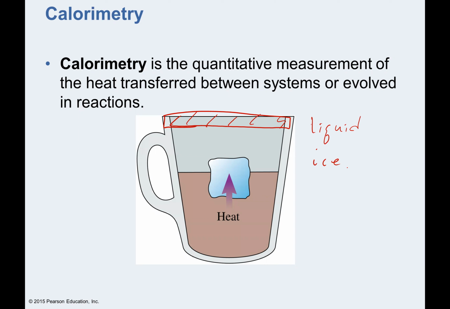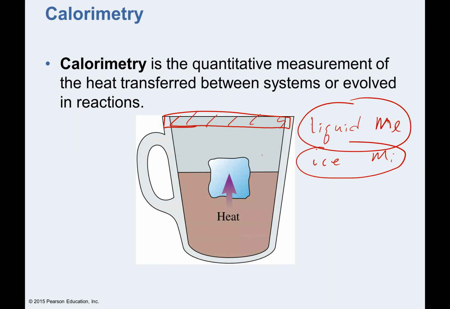What I have here is this. You have a certain mass of liquid, and then you have ice, and then let's say the mass of ice. Remember, if it's a liquid, then you have a specific heat for that. But the idea here is this.